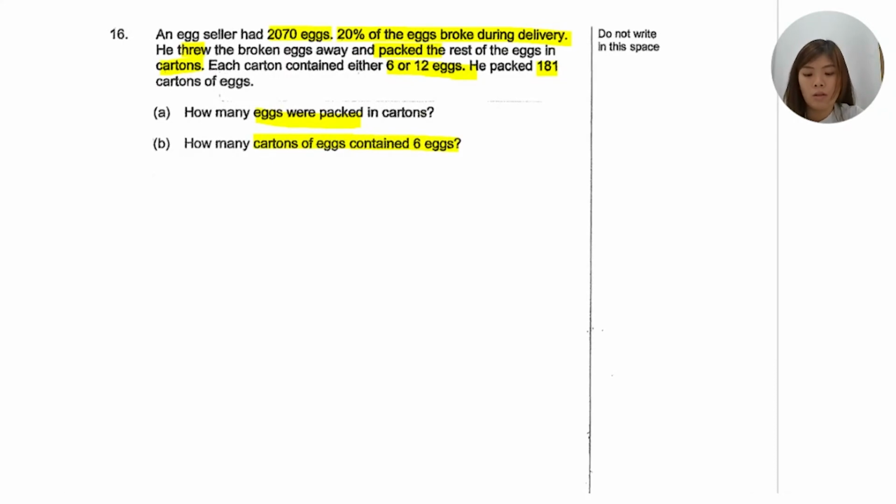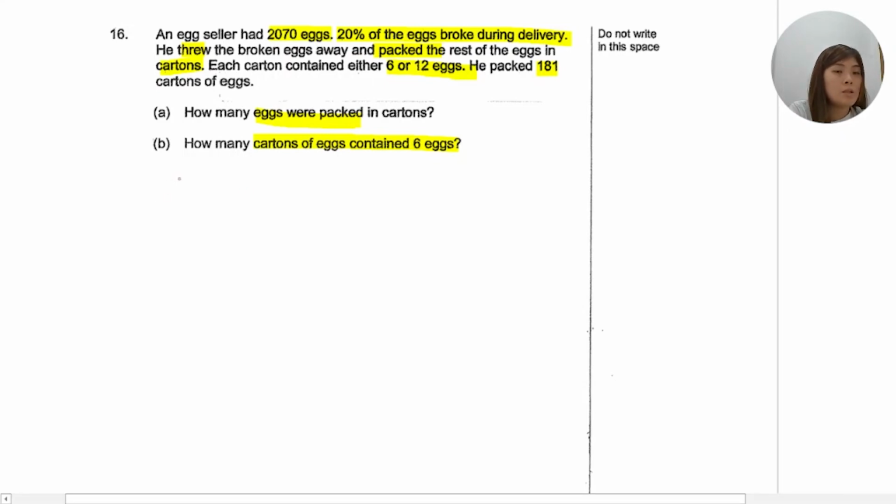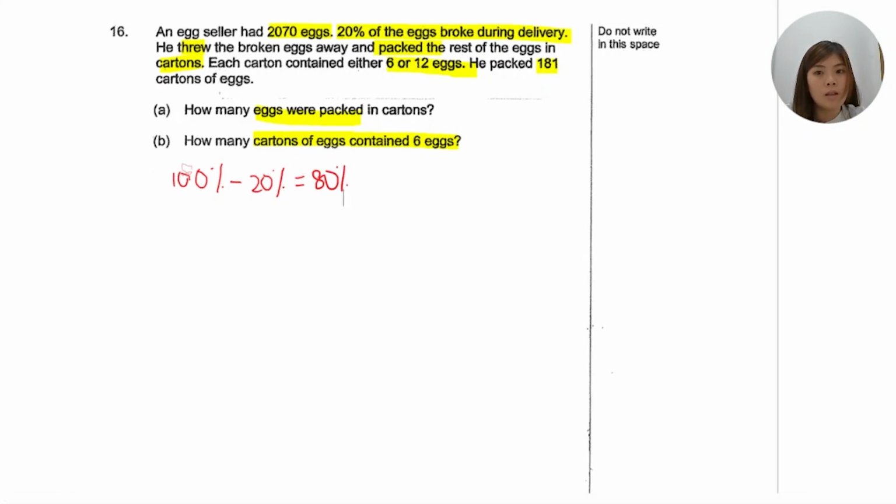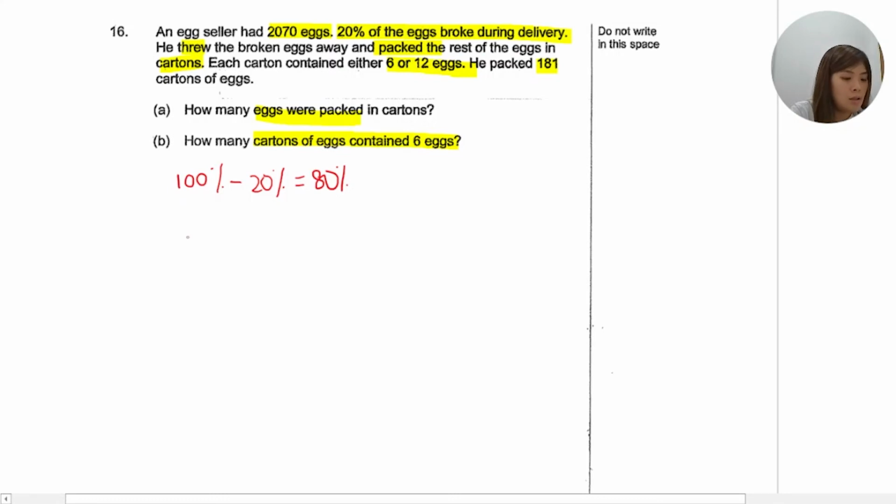Okay, so for the first part, right, 20% of the eggs broke. So you take 100% minus 20%, 80%. Okay, then the next step would be to find out what is the eggs that were not broken.